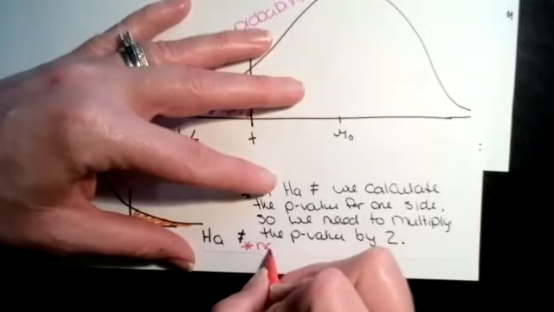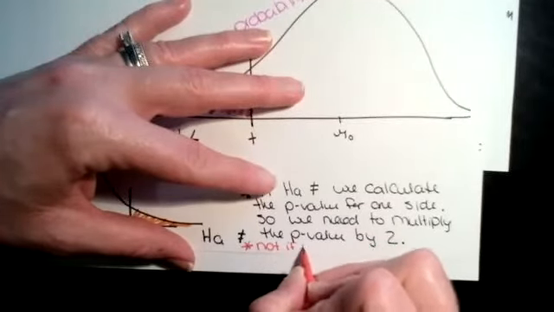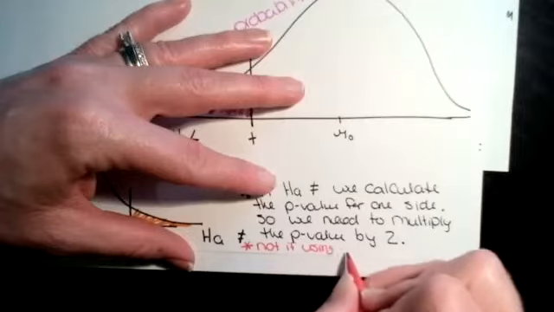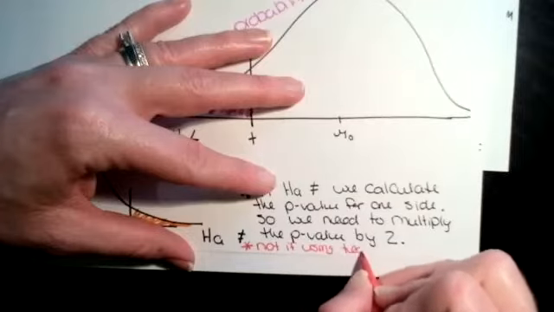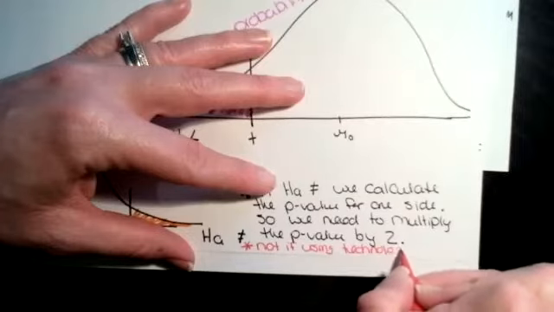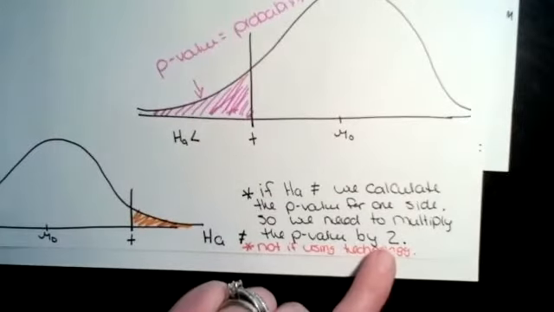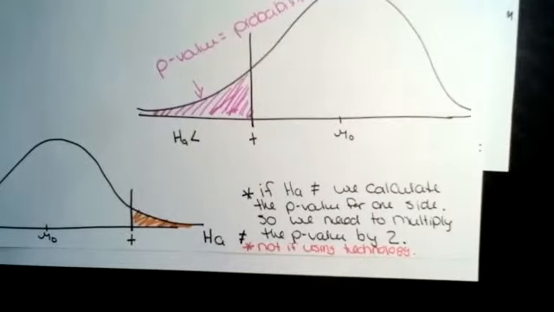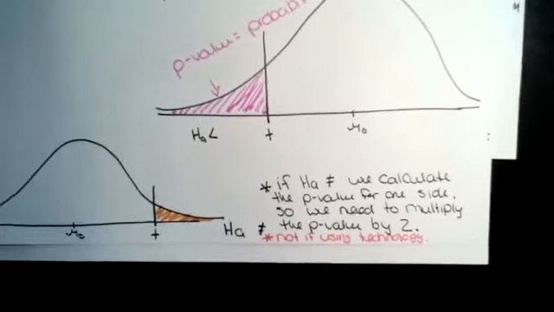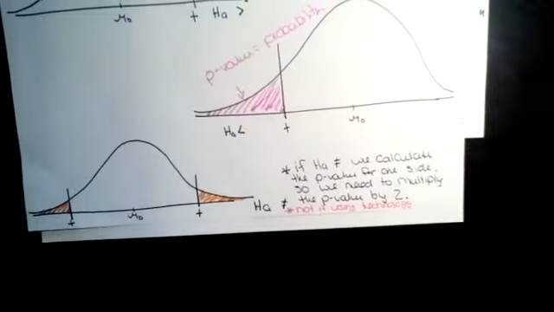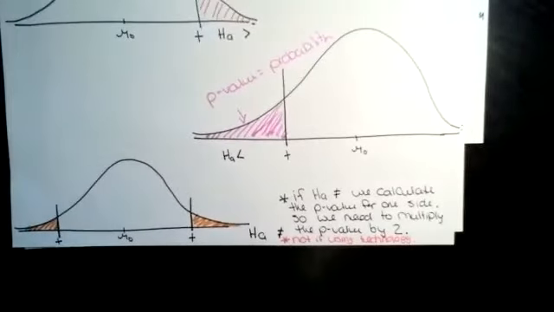So I'm just going to say not if using technology. So just mean if you're using technology to calculate these p-values, you do not need to multiply it by 2 because it will do it automatically. Okay, and we'll get to that. Well, I'll demonstrate doing all this with technology at some point. Maybe I could do that next class.